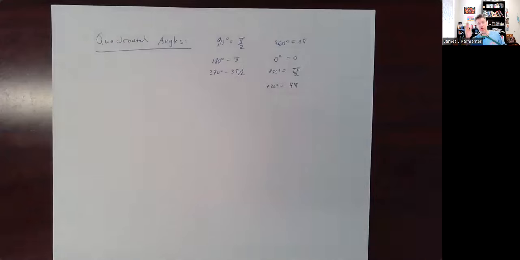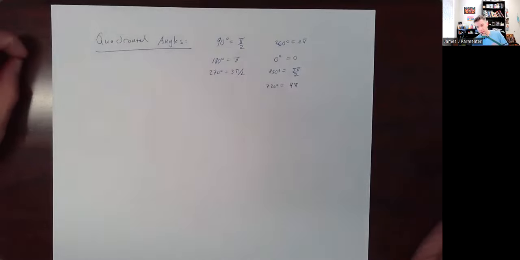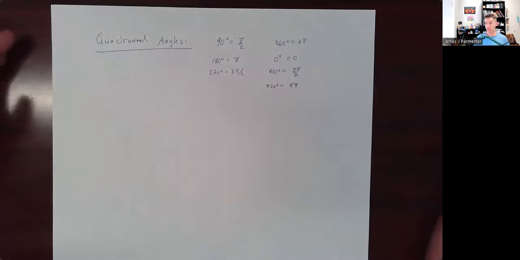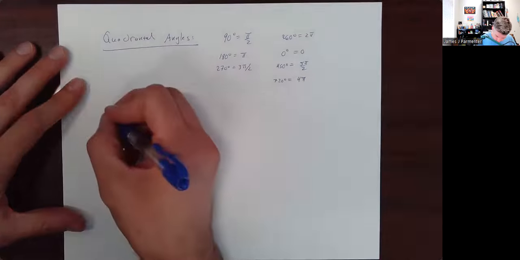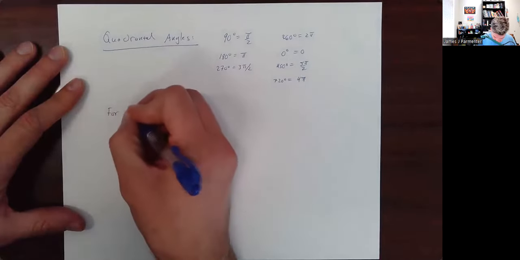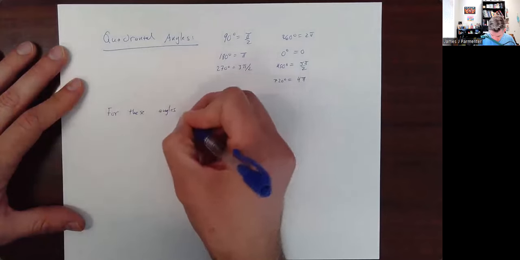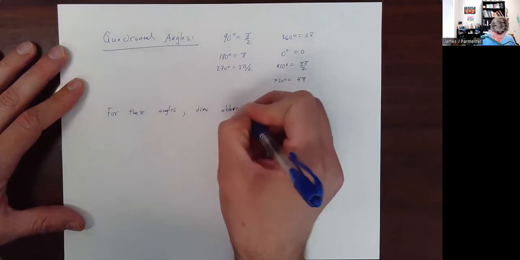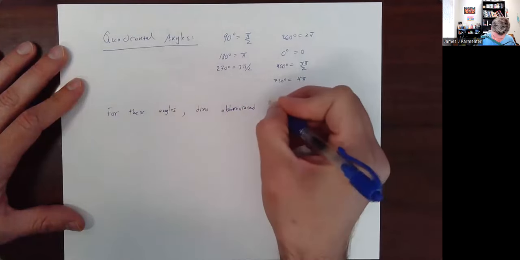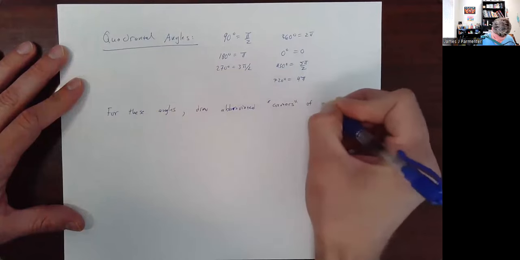Right, 90 degrees is straight up, 180 is to the left, 270 is down, 360 is to the right, and so on. That's where you kind of have to use the unit circle. So for these angles, I like to draw what I call, I know it's terrible, I'm going to say it anyway, abbreviated corners of the unit circle.